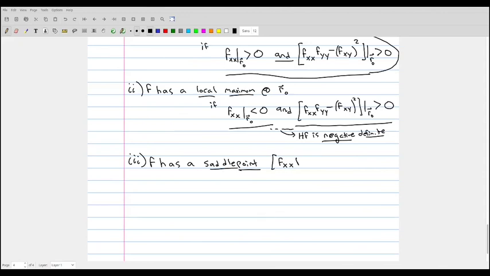It'll have a saddle point if this expression right here, fxx times fyy minus fxy squared, is negative. So the saddle point is sometimes easier to check because all we have to do is look at this expression right here, this combination.